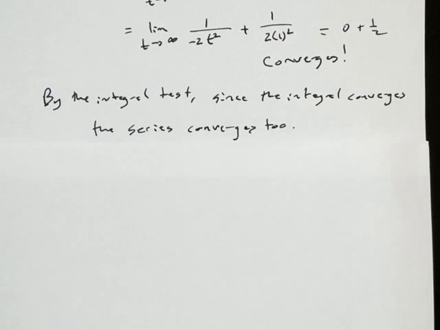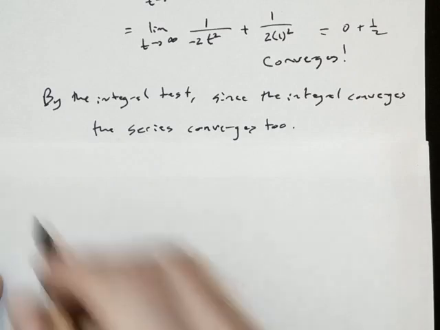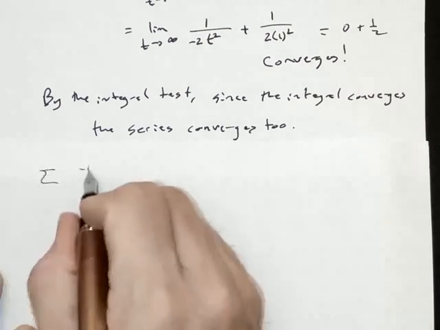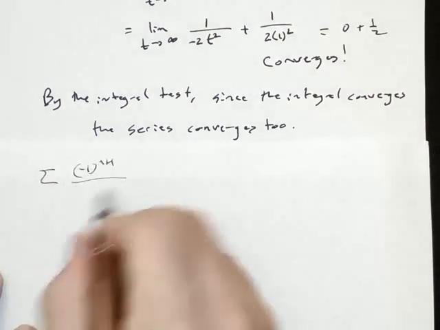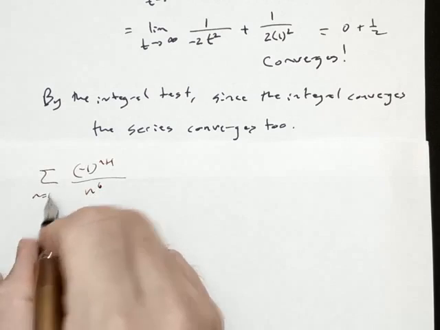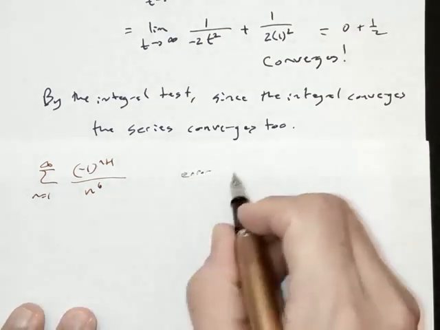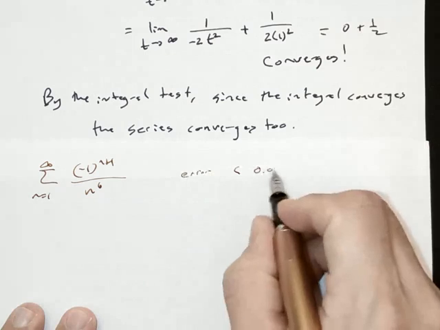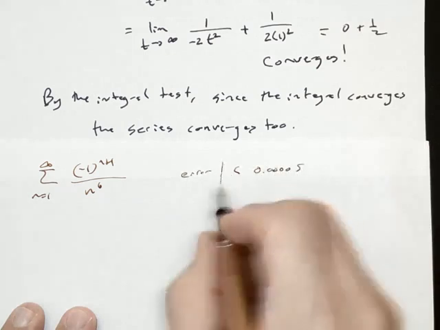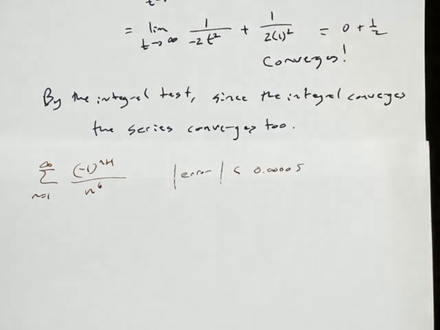is the sum of (-1)^(n+1) over n to the 6th. And we want an error of less than 0.00005. Okay, the error is another term for the remainder.